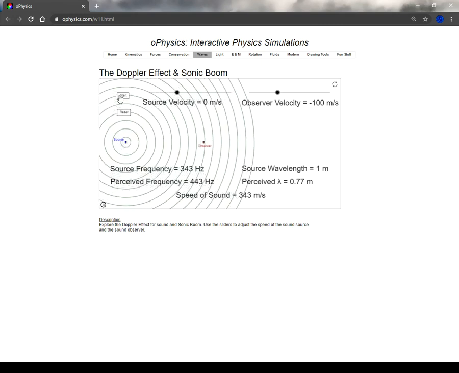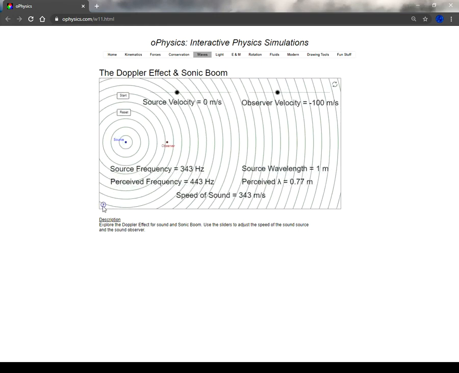As the observer moves toward the source, the time it takes for the observer to go from one wavefront to the next is less than if the observer were stationary. And so as a result, the observer perceives a shorter wavelength and thus a higher frequency.